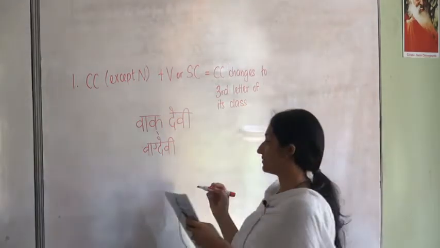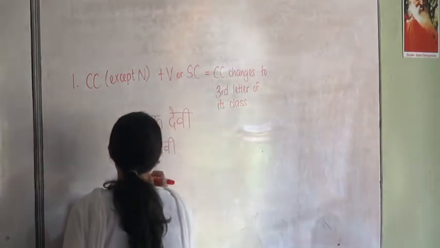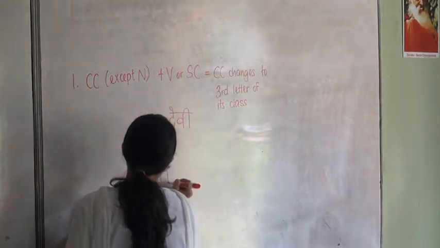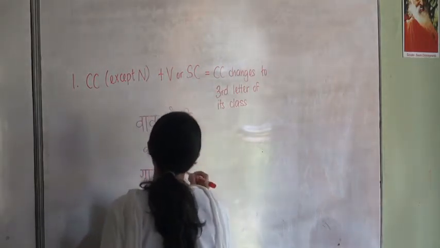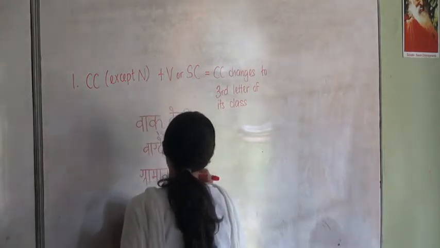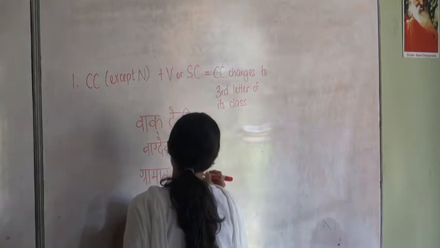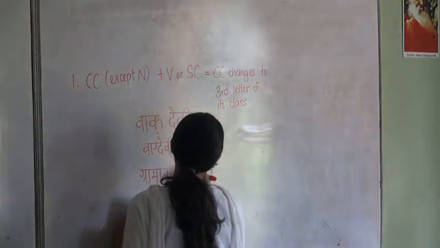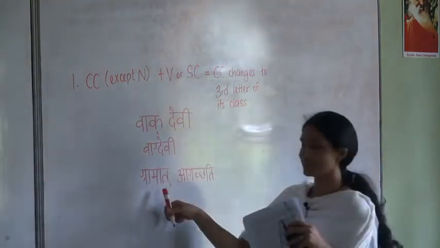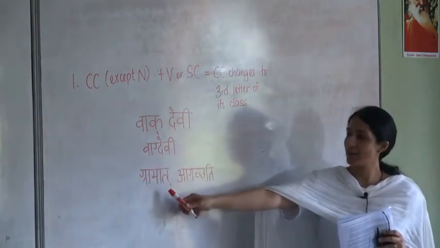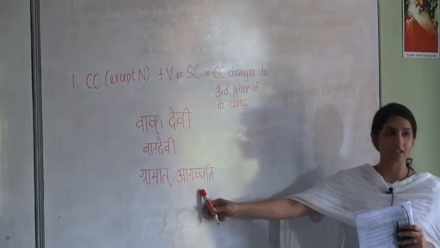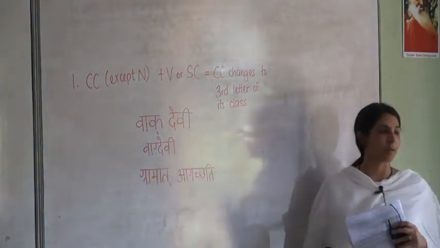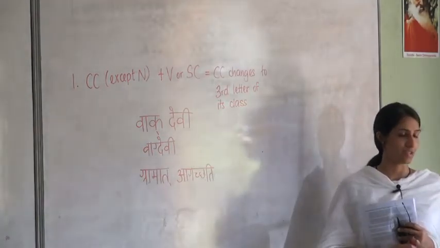I'll give you another example. This is what? Gramat agachati, right? So now if I want to turn this into a compound, I want to apply the sandhi, right?